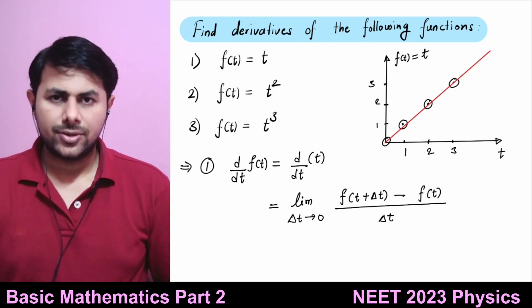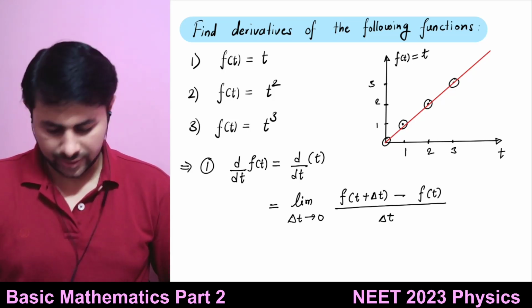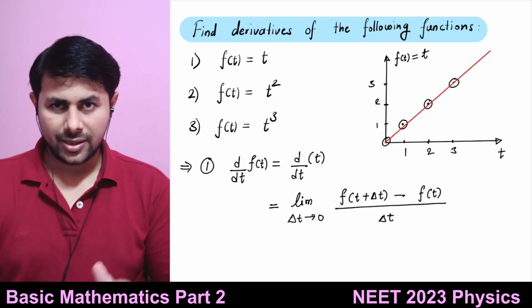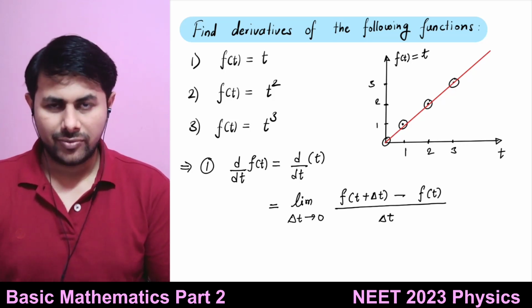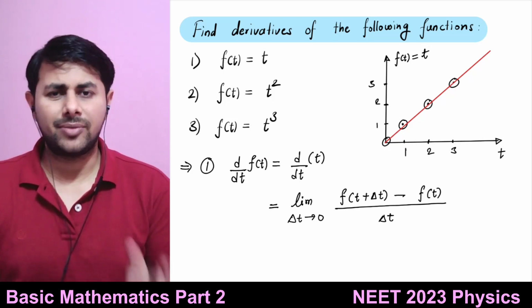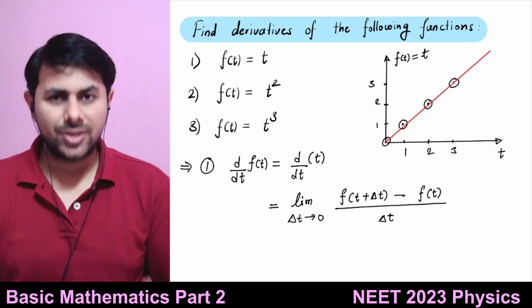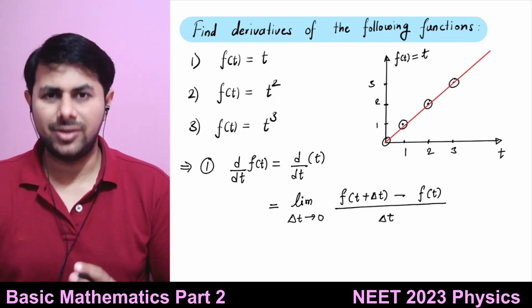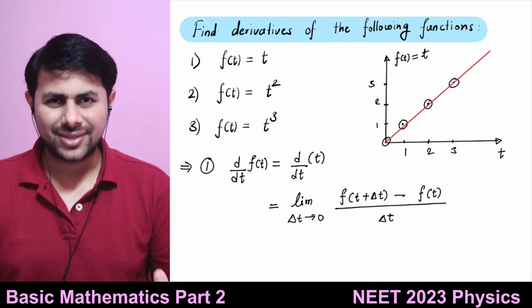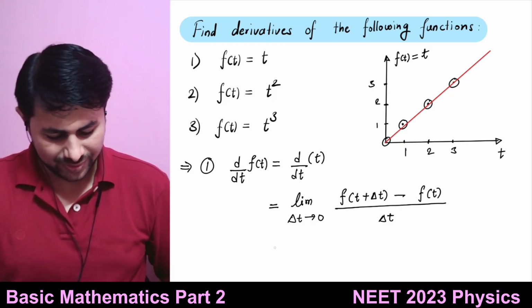When the variable is t, the function of that variable is also t. When the variable becomes t1, the function is also t1. When it becomes t2, the function becomes t2. When it becomes t plus delta t, what will be the value of the function?